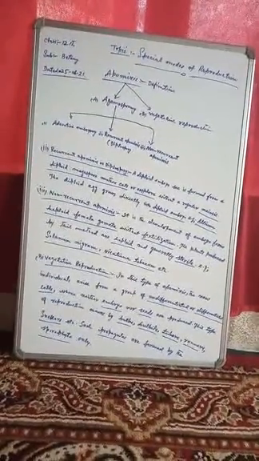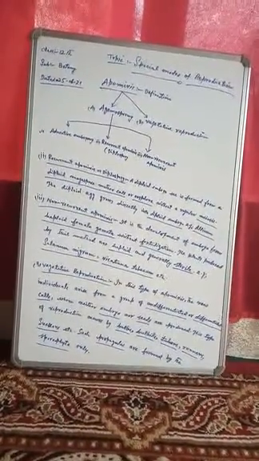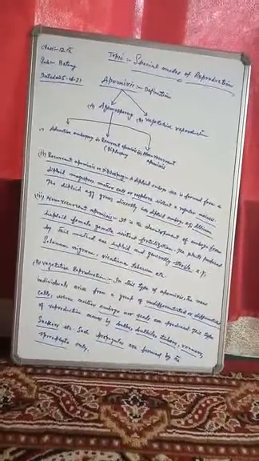Now, coming towards today's topic, you have seen that we have defined apomixis, then we defined agamospermy, then the three types of agamospermy. First is adventive embryony, which we discussed in our previous lecture.